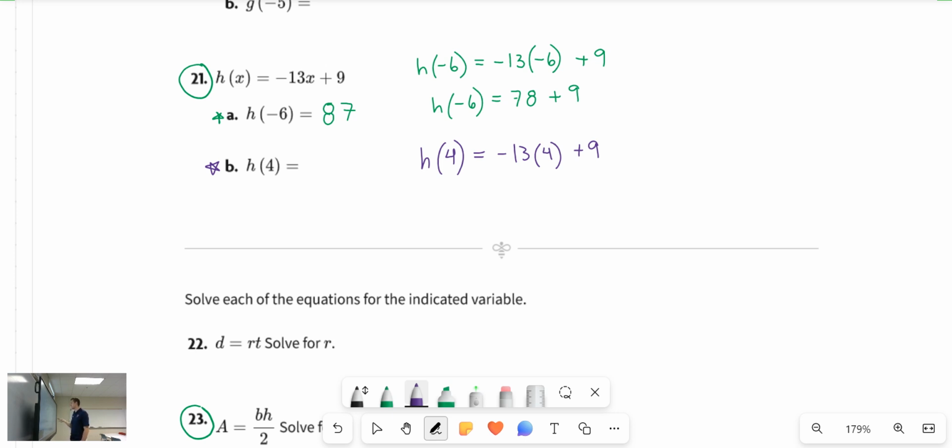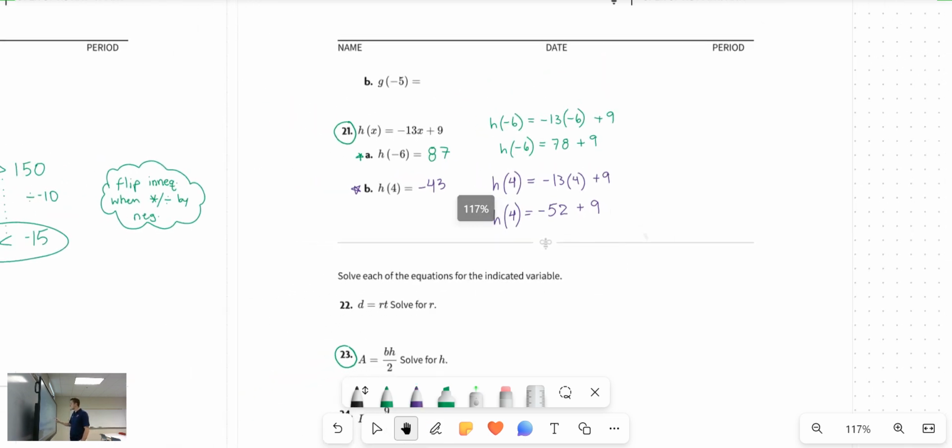I know that 13 times 4 is 52, but it has to be negative because of the one negative sign in that multiplication. So we have -52 plus 9. If we add 2, that's -50, and then we add 7 more, that should be -43. All right, so those are our answers.